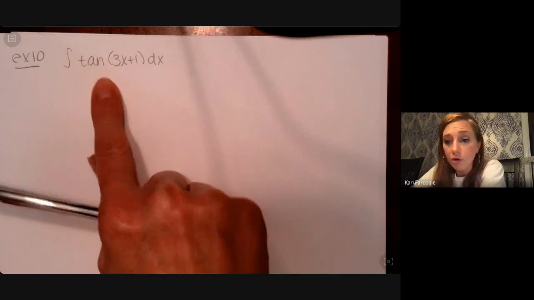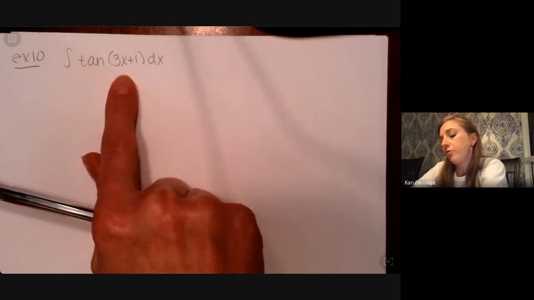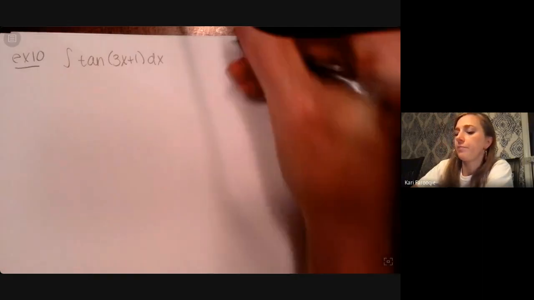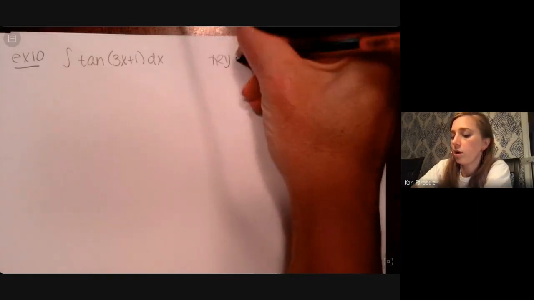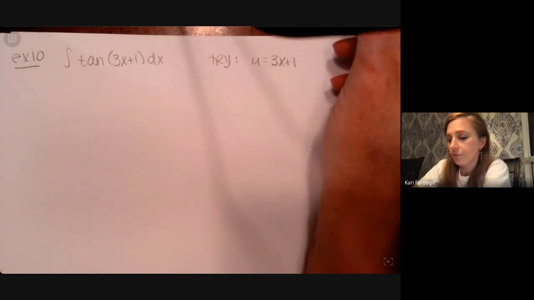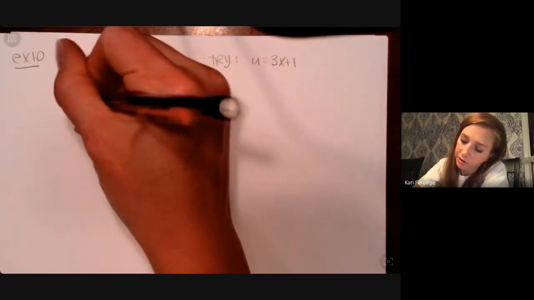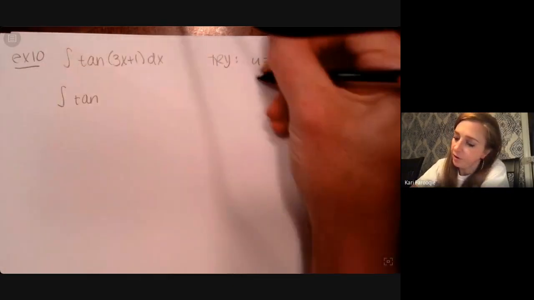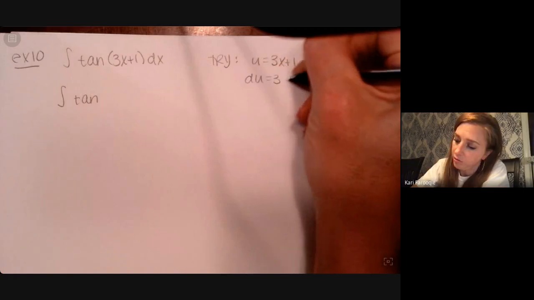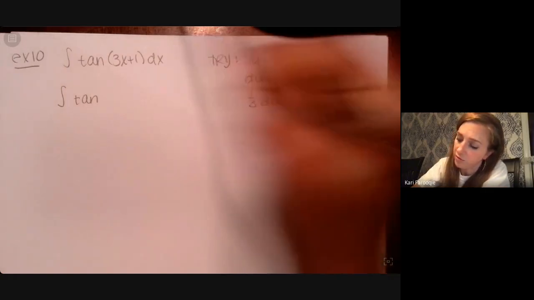Now, what you might try to do automatically with something like this is look at this and say, okay, well, let's try u equals 3x plus 1. But when you do that, you say, okay, no big deal. du is 3dx, 1/3 du is dx.